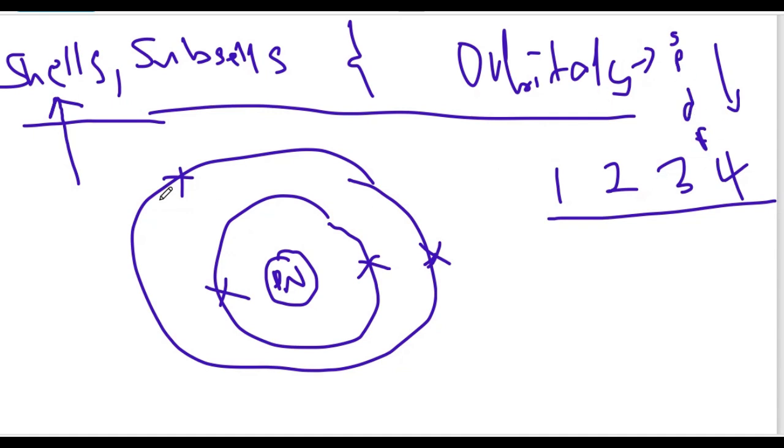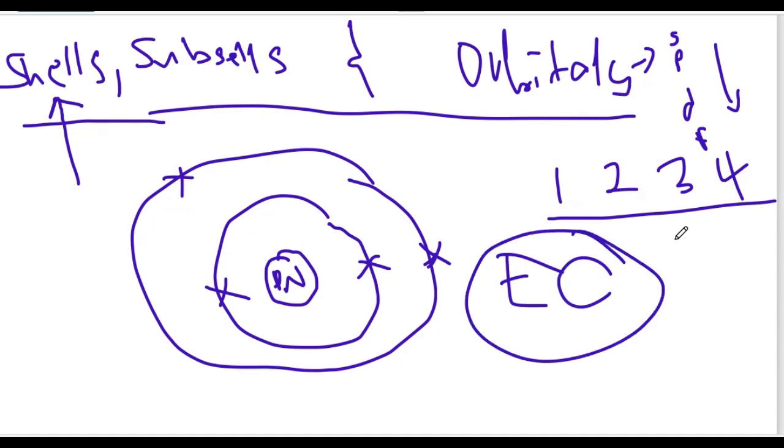You have to combine shells, subshells, and orbitals to show your electron configuration. For example, if the orbital you're talking about is S, and it is found in the first subshell, you write that orbital as 1s.